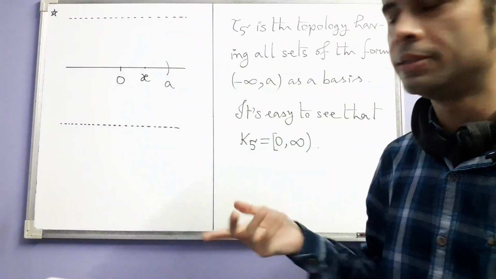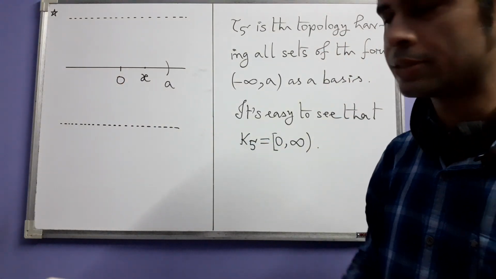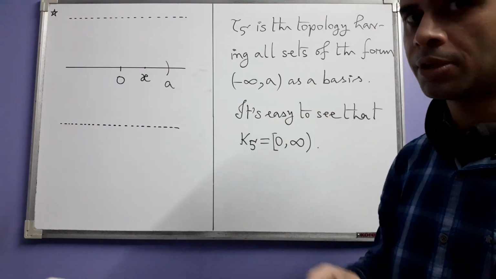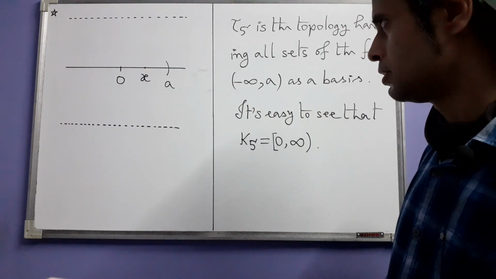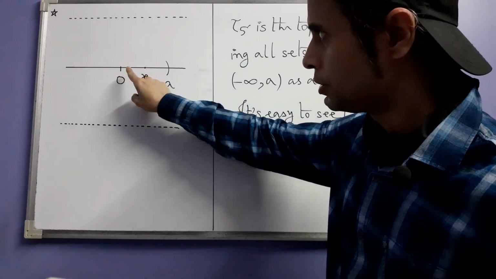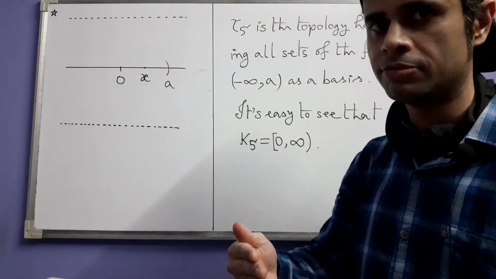That's not necessary. X can actually be very close to 0. Who knows? X is just a positive real number. It can be close to 0, it can be far away from 0, anything can happen. But no matter what the situation is, no matter how close x is to 0, you will still find reciprocals to the left of x.